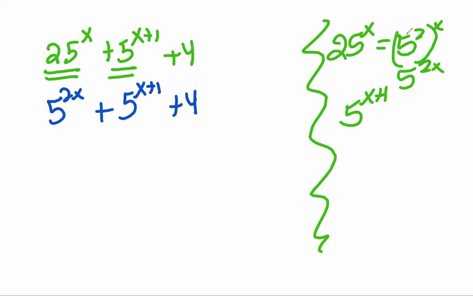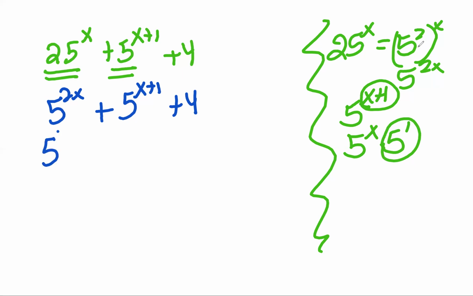Well, remembering you add exponents, you keep the base and add the exponents. So that would be the same as 5 to the x times 5 to the first, which puts this as a coefficient. So I can rewrite this in simpler terms as 5 to the 2x plus 5 times 5 to the x plus 4.